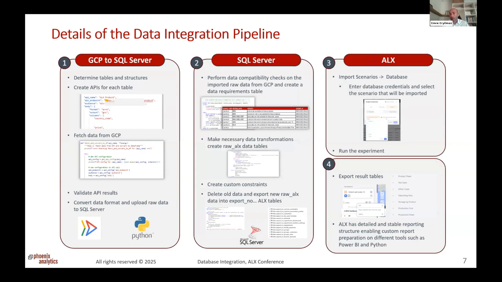For example, for Turkey, we did it quarterly. So while creating the raw ALX staging tables, all the data is aggregated to quarterly.